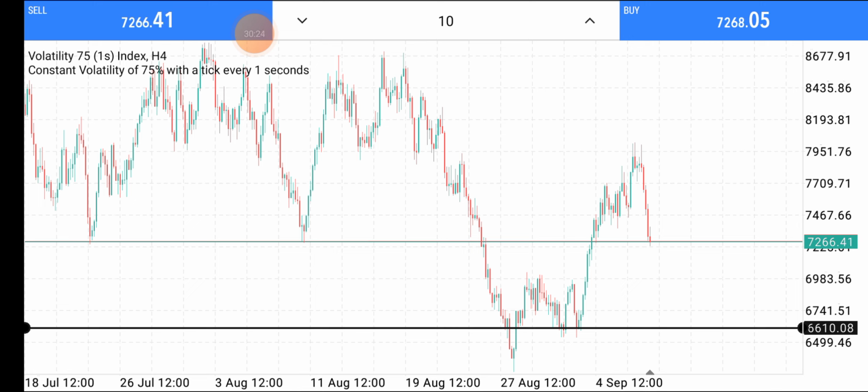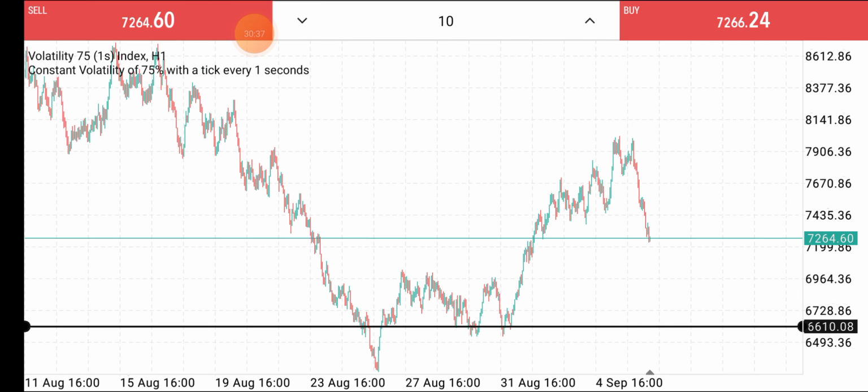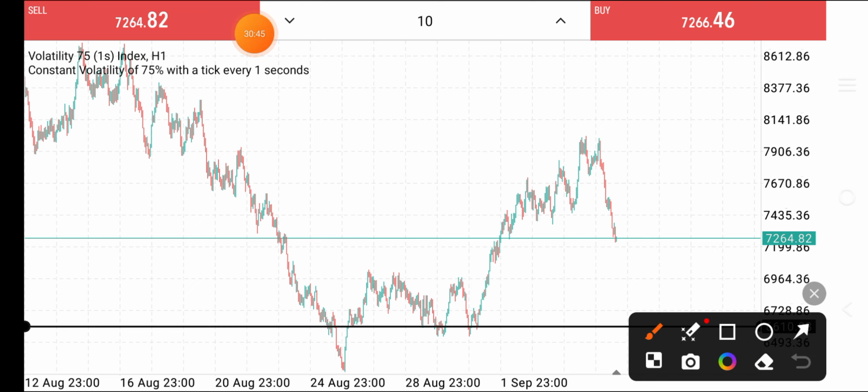As for Volatility 75 Index, from the 4 hours time frame, we slowly come down. You can come down to the 1 hour if you want. 1 hour still has the same interpretation. You can see we still have the same points. If it breaks below this, then it's a change of character.